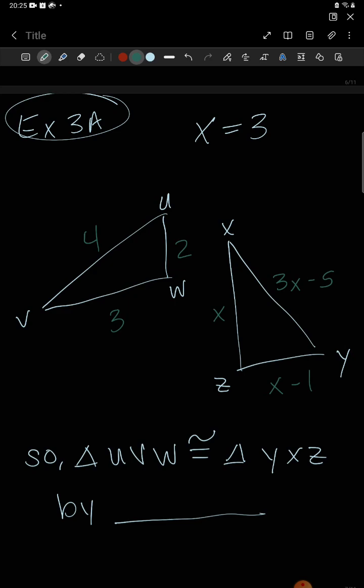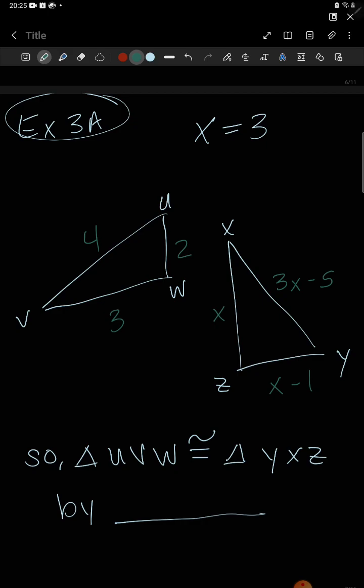Let's look at example 3 at the top of page 244. Okay, it's got a 3A and a 3B. All right, so what I've done is I've drawn to my best ability on the tablet. And by the way, I cracked my tablet today, so I have really long spider cracks going through the tablet, which makes it hard to write. But anyway, we've got triangle UVW.